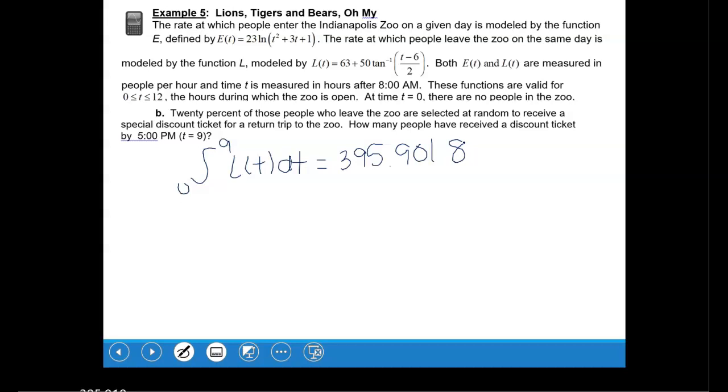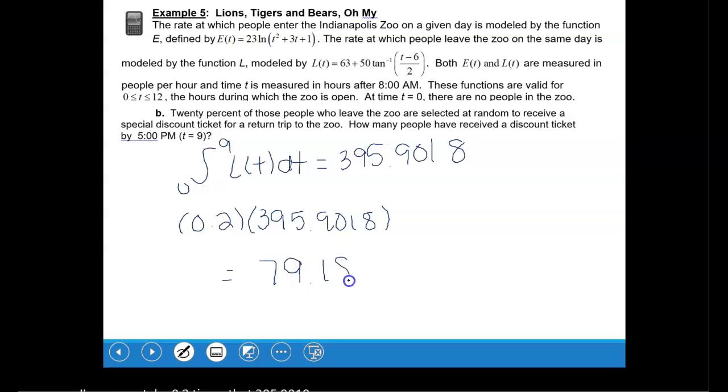So I want 20% of that. To get 20% of that, I'm going to take 0.2 times that 395.9018, and I get that 79.1803 people have received a ticket.